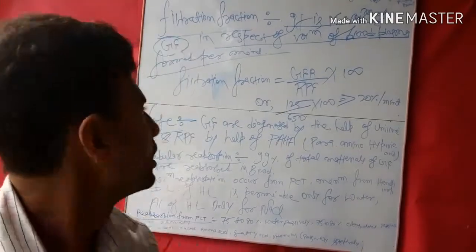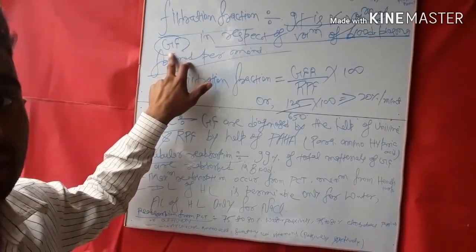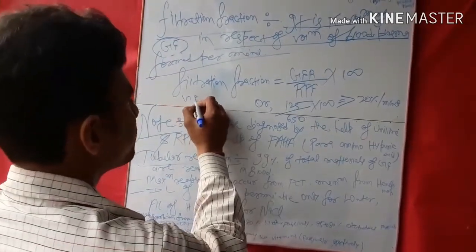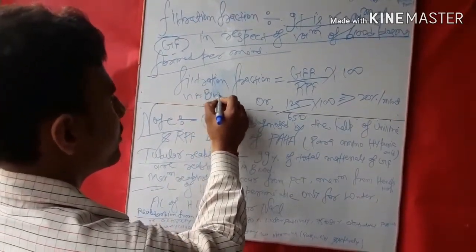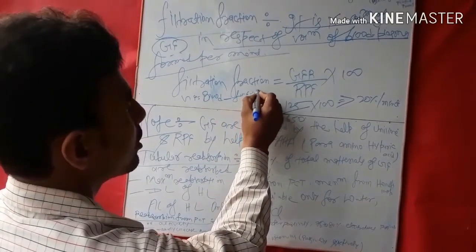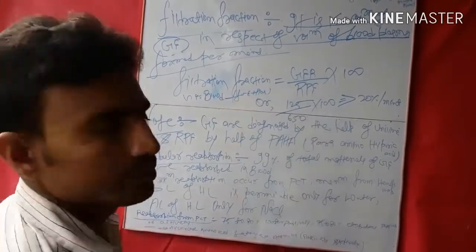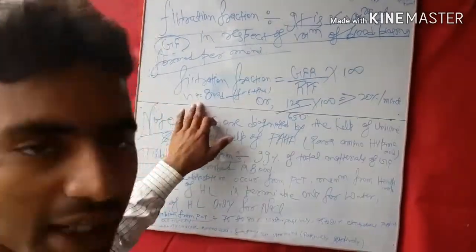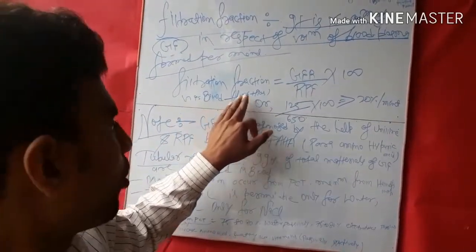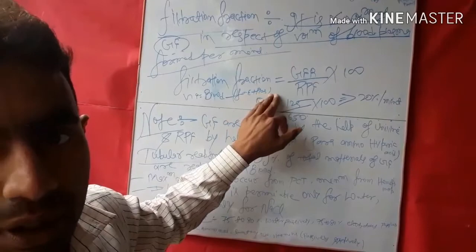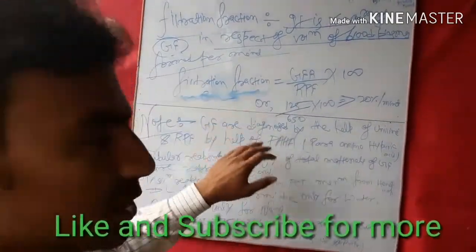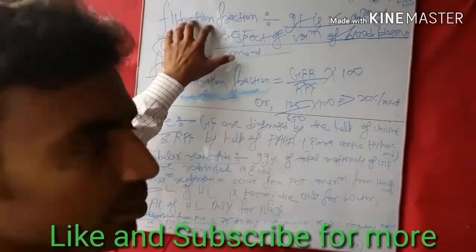How will you get glomerular filtrate? Glomerular filtrate is blood minus formed elements and plasma protein. Of this, 20% is the filtration fraction.